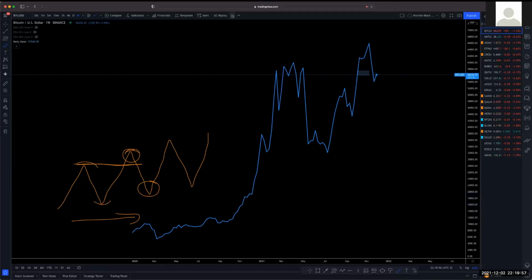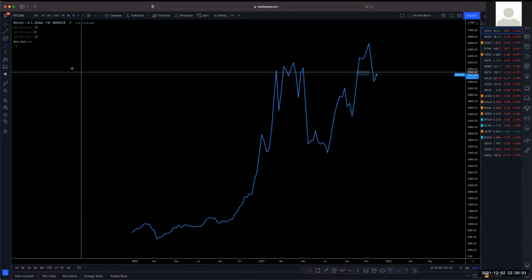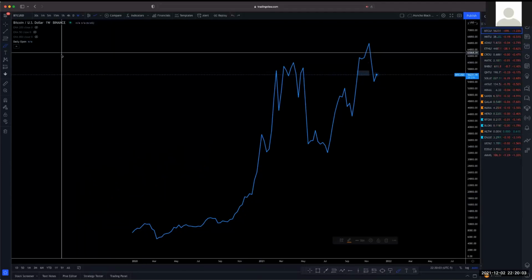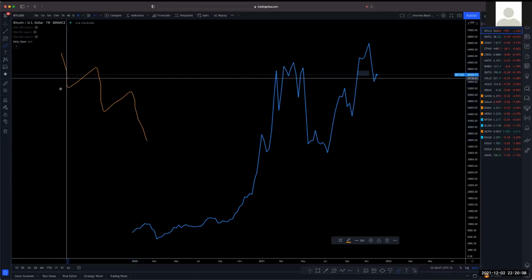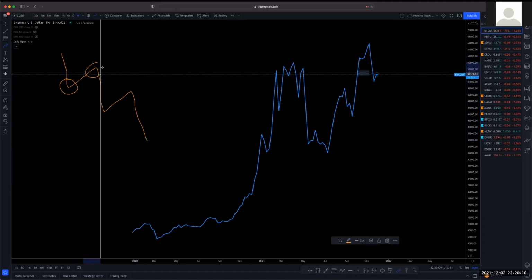So in the market, there are two types of market that you're going to be dealing with. You're either going to be in a bearish market environment, creating a series of lower lows and lower highs.